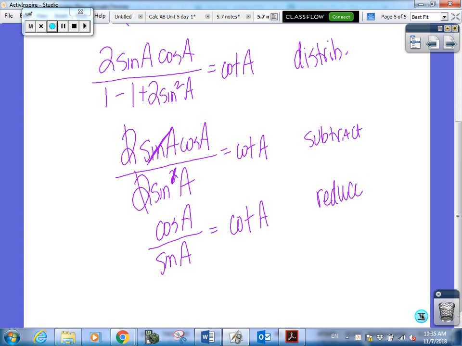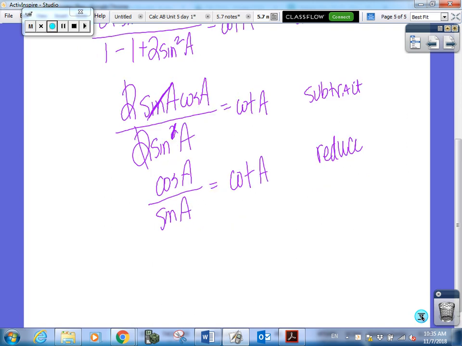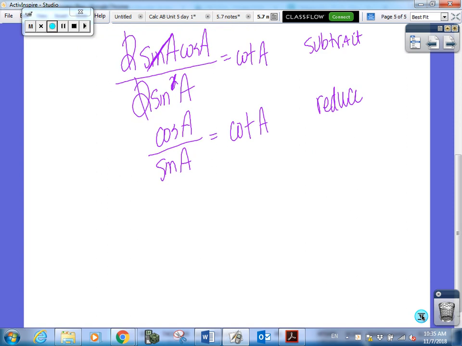And now there is only one reason we can do this last step, and that is the ratio ID. We can say cotangent A equals cotangent A because of the ratio ID. If you use the ratio ID, you have to say ratio ID. Ratio and reciprocal are not interchangeable at any point in time ever.